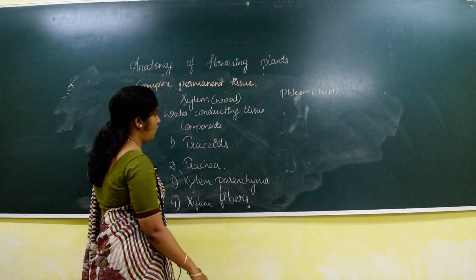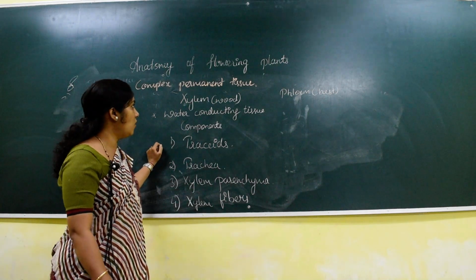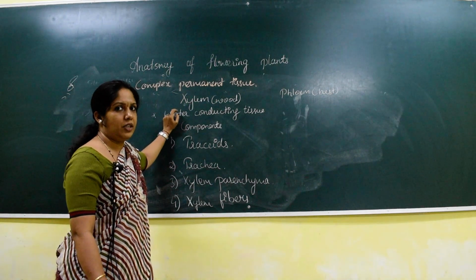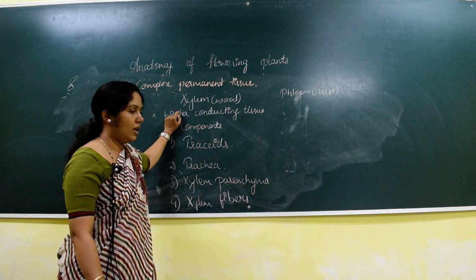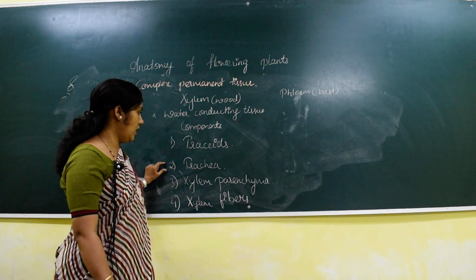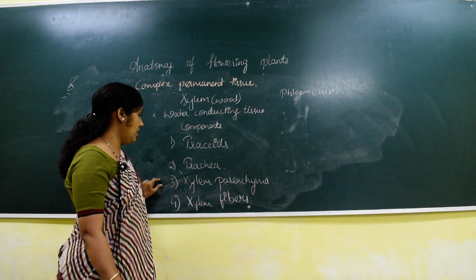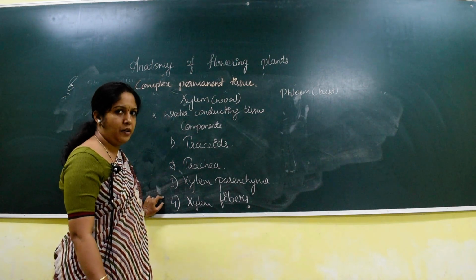So these are the four types of components involved in the complex permanent tissue, that is xylem. So the components of the xylem are tracheids, trachea, xylem parenchyma and xylem fibers.